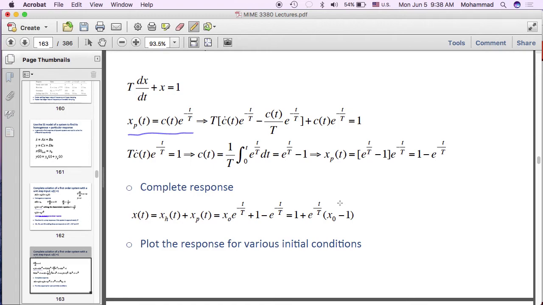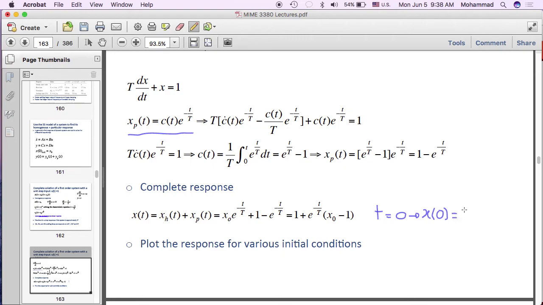So at time 0, what is the value of this function? If you set time equals 0, what is the value of x at time 0? e to the power 0 is equal to what? 1.